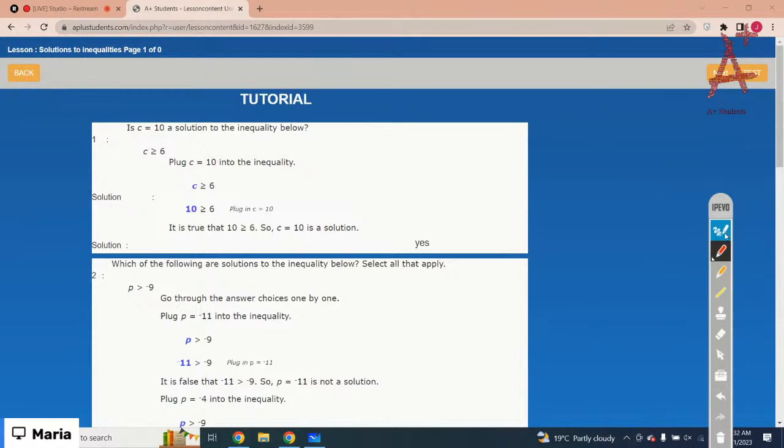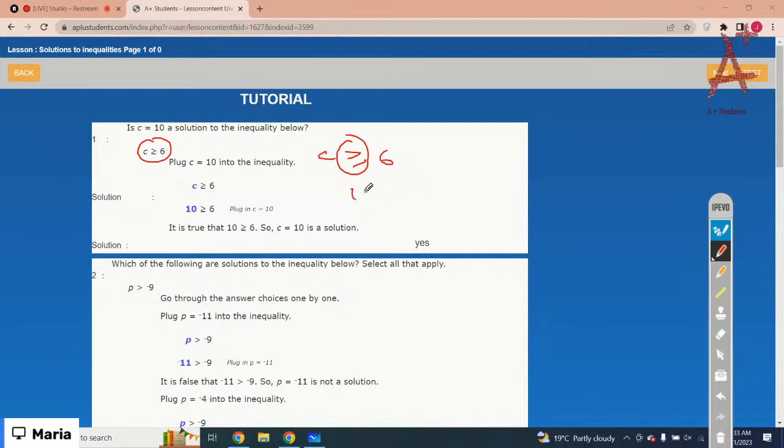Is C equals 10 a solution of the inequality below? So the inequality is C is greater than or equal to 6. Basically, inequalities are the ones where less than or greater than signs are involved. Got it? So we have to see if C equals 10 is true or false.